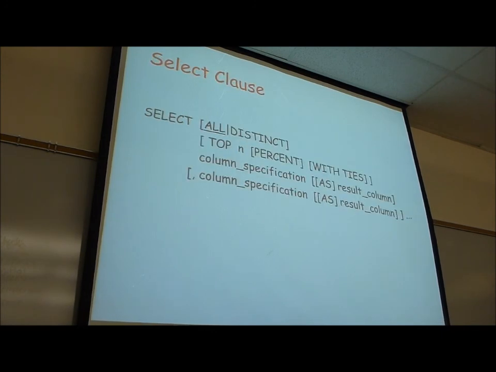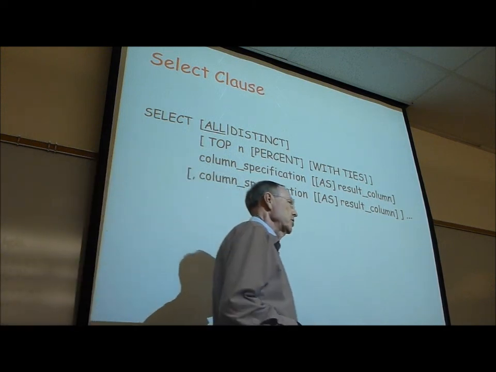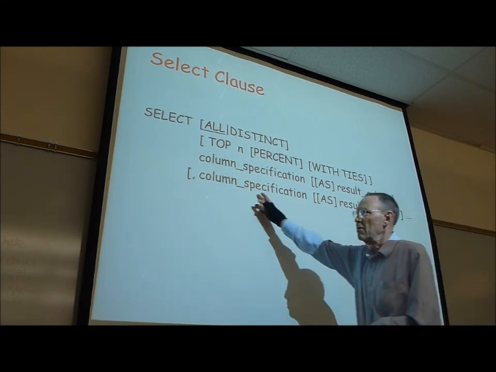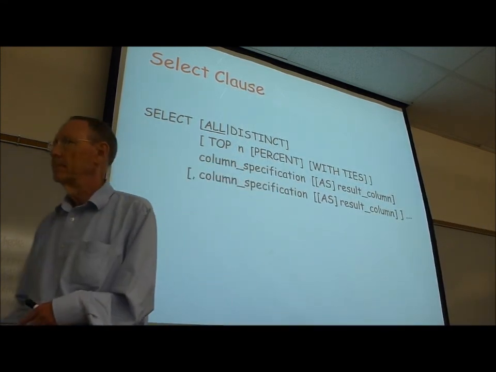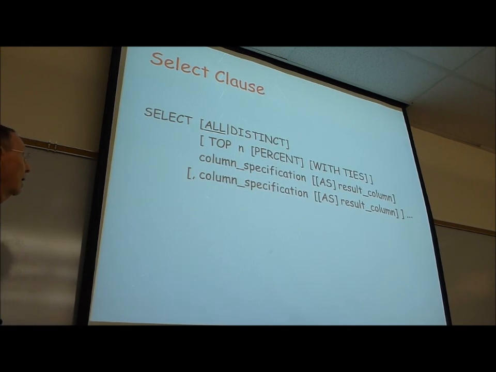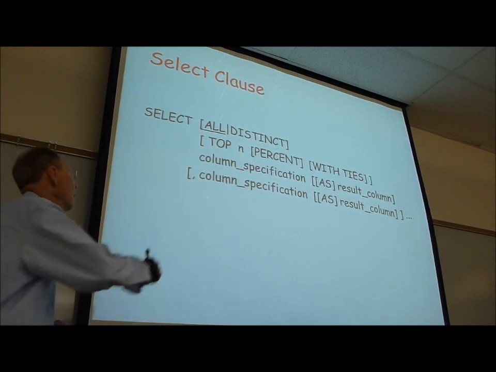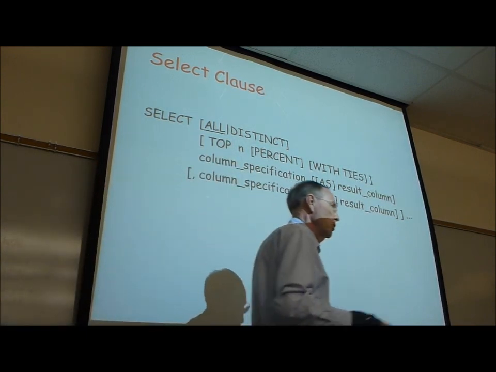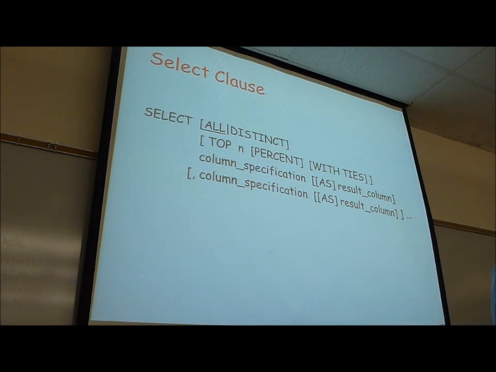Okay. All right. Now we're going to start looking at some of the details. We had the very simple select clause. The select clause has lots of options in it, so we want to take a look at each one of these options. This is what's known as the general syntax clause, and it describes all of the things that we can do with it. One of these is, if we have repeated values, we see the DISTINCT in the brackets.